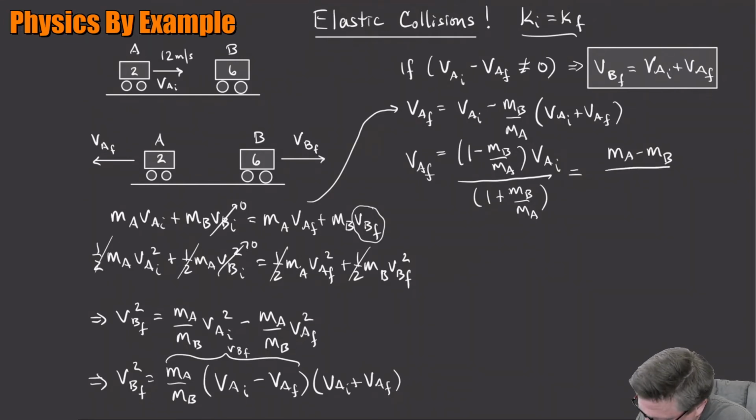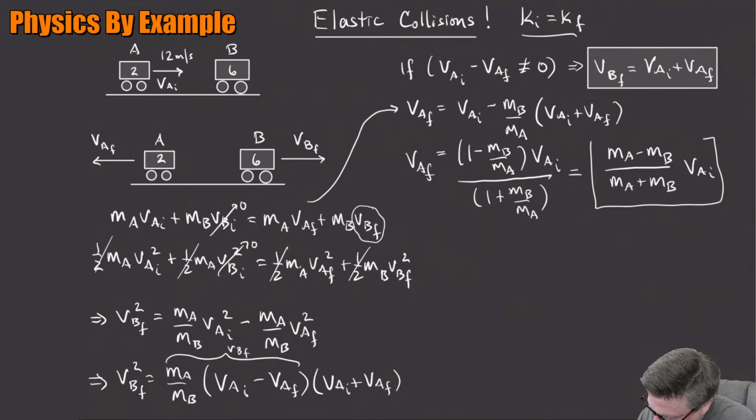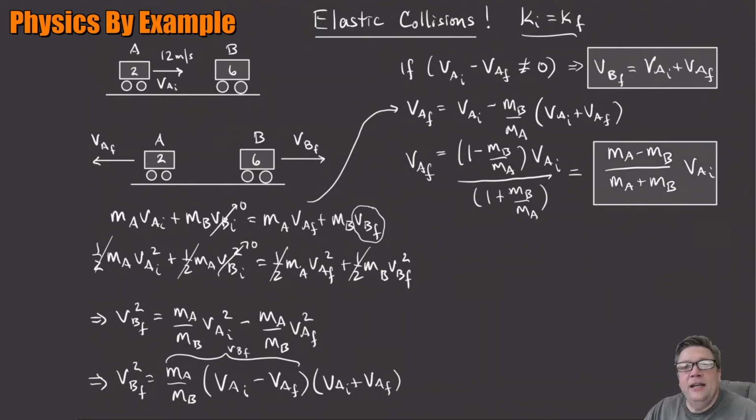In the denominator, I'm going to have MA plus MB, times VA initial. There we go. So here's one expression: the final speed of A in terms of the initial speed of A. And that's what I want, right? Because the initial speed of A is the only thing that I know. So that's one thing. So now what I want is VB final.